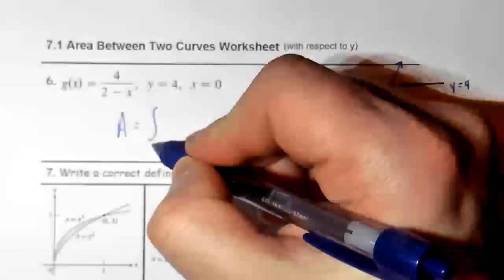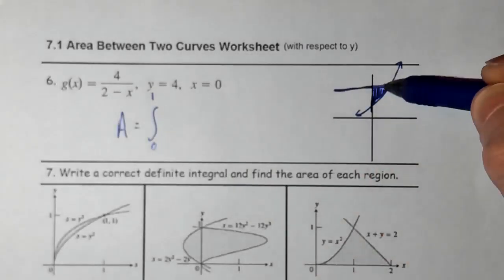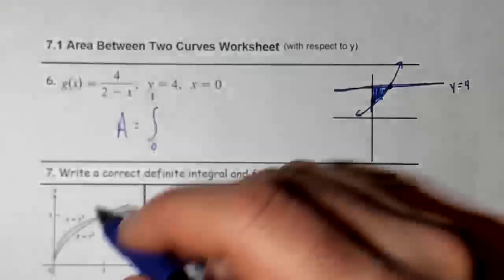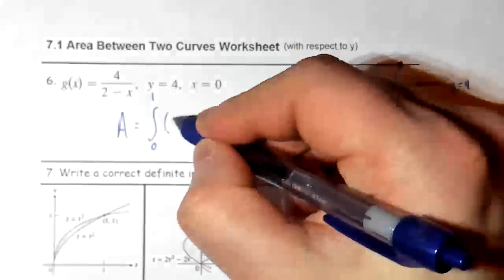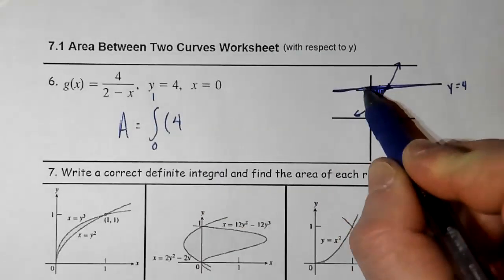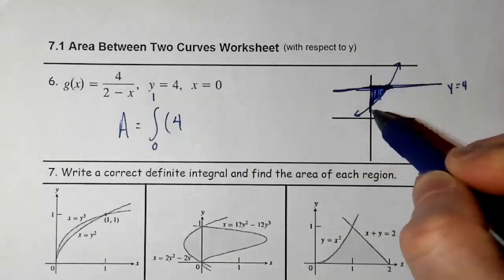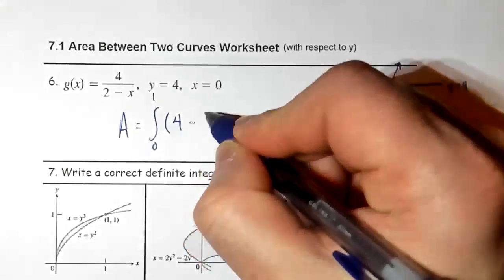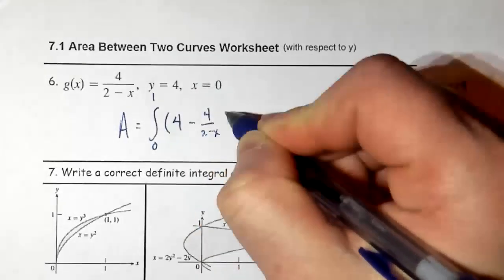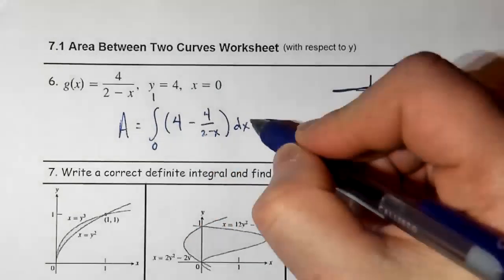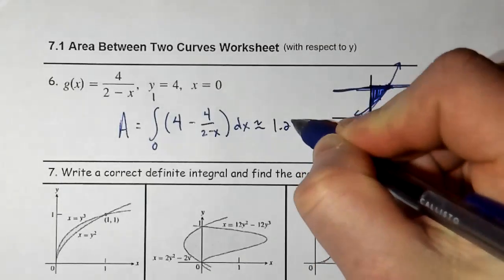This intersection is 1. And then it's just going to be top minus bottom. So in this case, I'm going to do 4 because the top function is that. And then minus the bottom, which is the 4 over 2 minus x dx. And that's equivalent to 1.227.